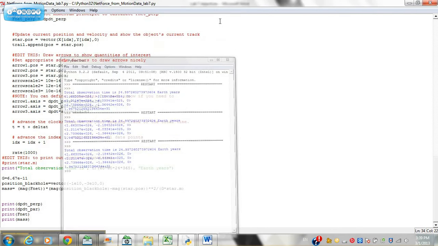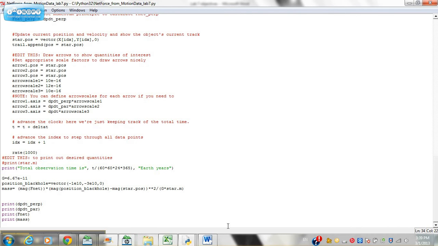Okay, so I mentioned a few seconds ago about the arrows getting bigger, and that is due to the force of the black hole on the star. And those arrows represent dp dt and dp dt perpendicular. And you saw that the red arrow moved along as the star moved along; that was a representation of dp dt perpendicular.